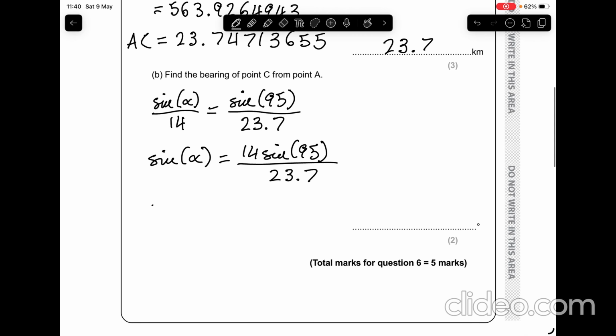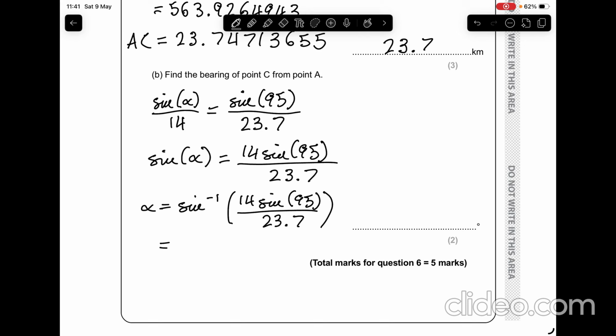And then to get alpha, we'll use our inverse sine, or arc sine if you're feeling fancy. 14 sine 95 over 23.7. So, run that through your calculator.